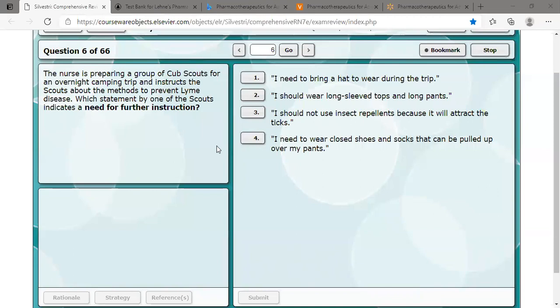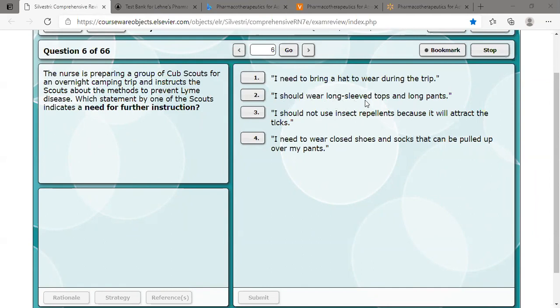They can transmit and cause this disease. Also, ticks can carry the bacteria that cause Lyme disease. So I need to bring a hat to wear during the trip. So the hat can cover the head area. Nothing wrong. I should wear long sleeves.